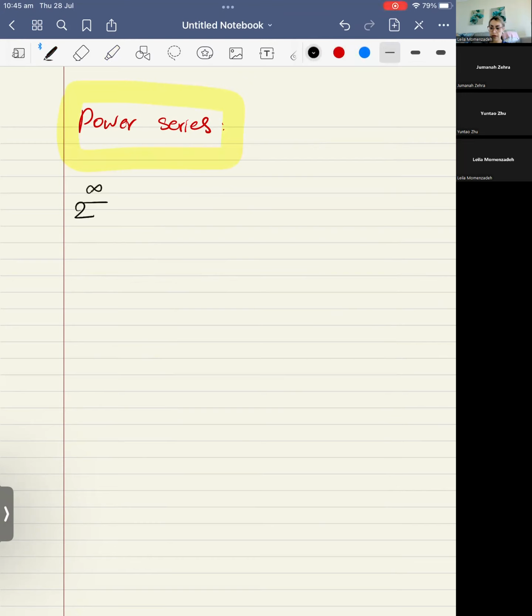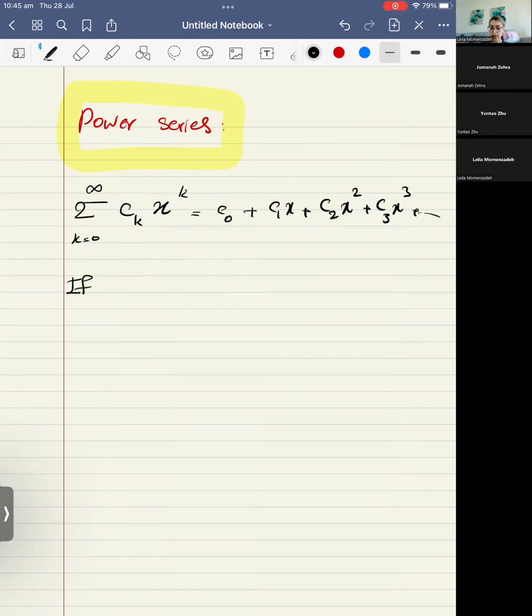The summation k from 0 to infinity of c_k, and now you have one variable here, x^k. It looks like this: c0 x to the power 0 is 1, plus c1 x plus c2 x squared plus c3 x cubed and so on.